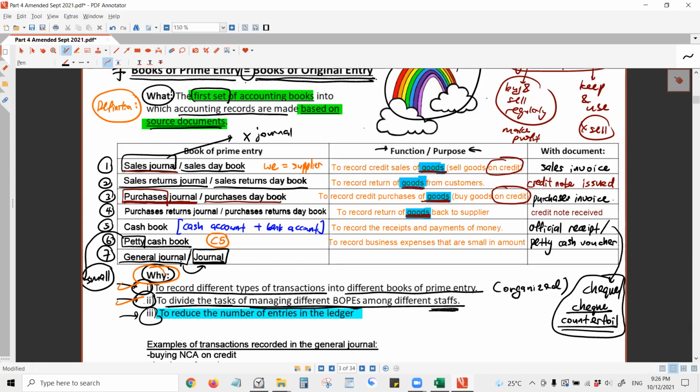Okay, so this is something you have to know. So what is the function of it? Let's write down together. Write down together function of general journal. Again, now we are trying to recognize the names and the functions of them. Later on, we will see how each and every book of prime entry looks like and how we record into each and every book of prime entry.